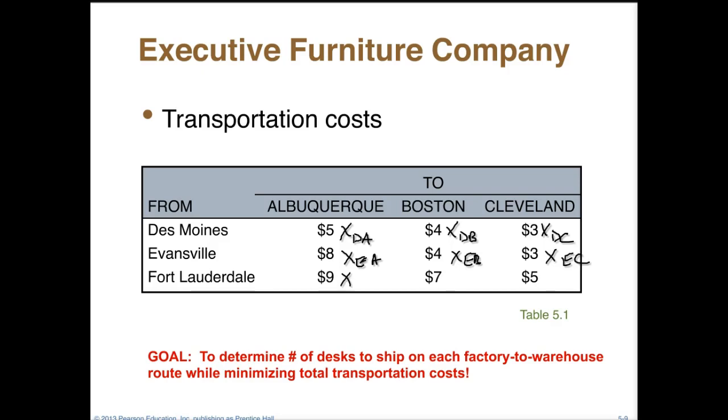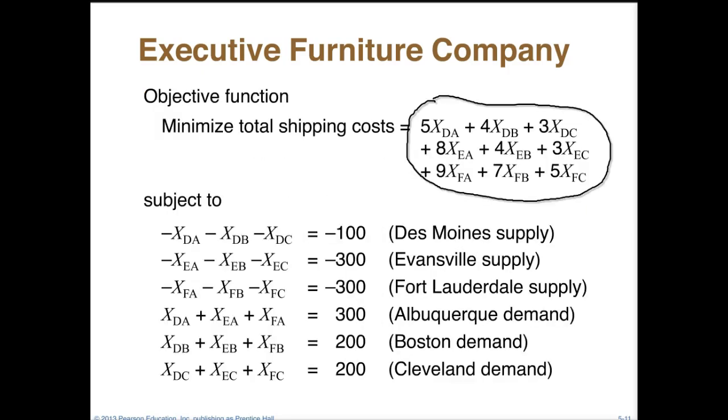And then lastly would be from Fort Lauderdale to Albuquerque, Fort Lauderdale to Boston, and Fort Lauderdale to Cleveland. And of course, you just add all these up. And when you add these up, what you're getting is your total cost, and your goal is to minimize that. So that's where this particular objective function comes from.